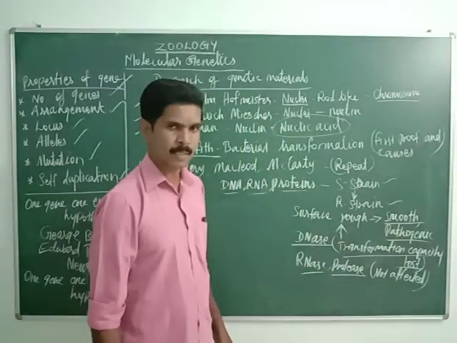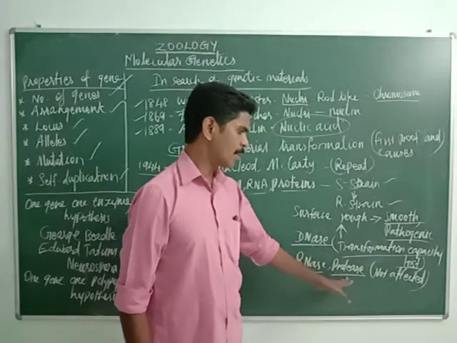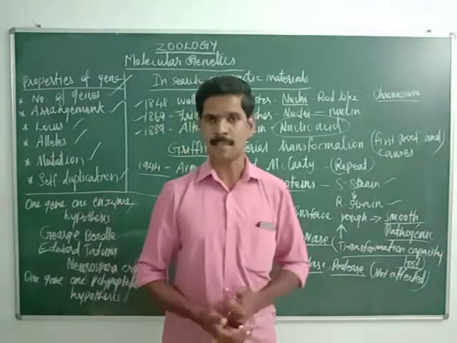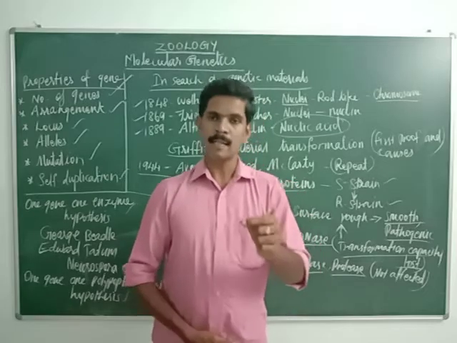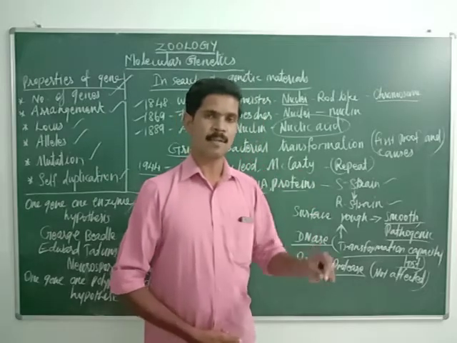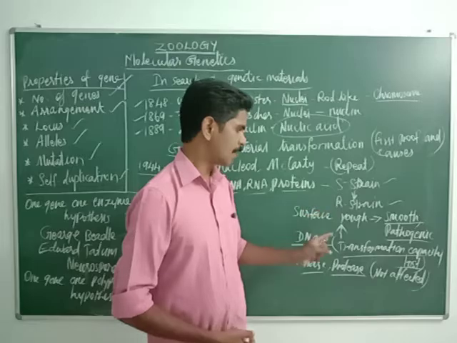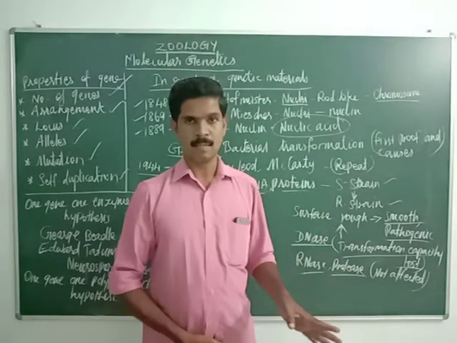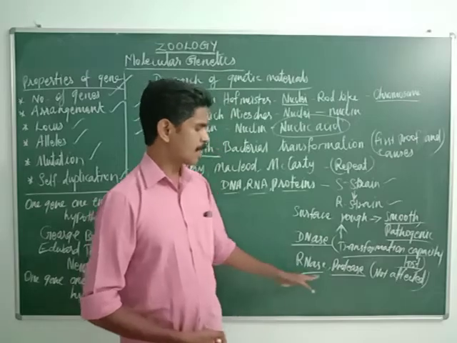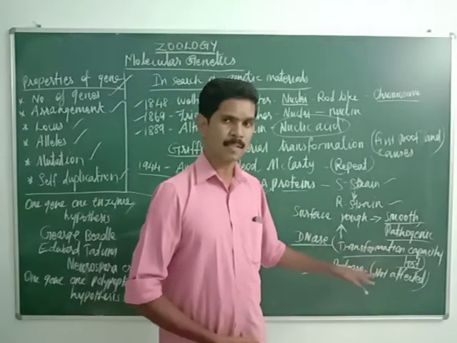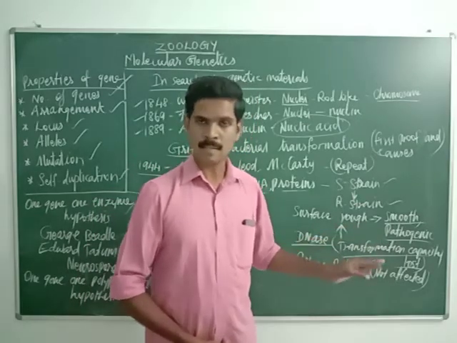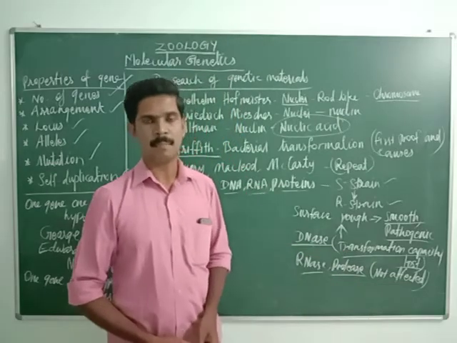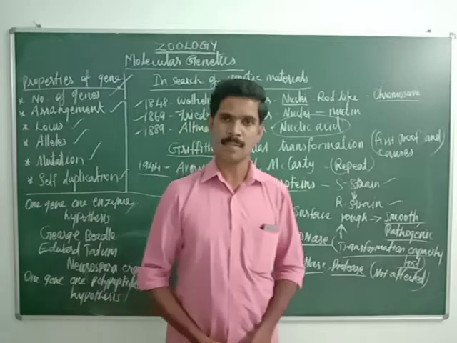But RNase and protease did not affect the transformation capacity of the bacteria. So when they add the DNase enzyme, the transformation capacity is lost. When they add the RNase and protease enzymes, the transformation capacity is not affected. Understand, my dear students?